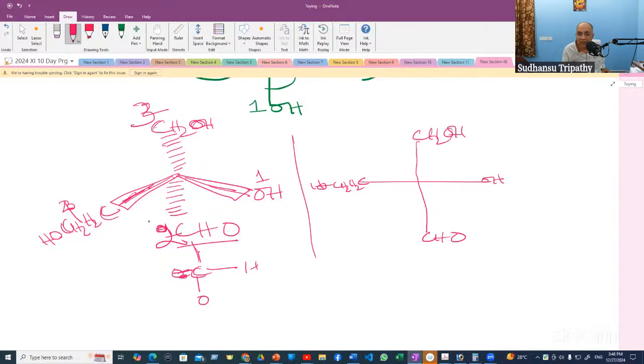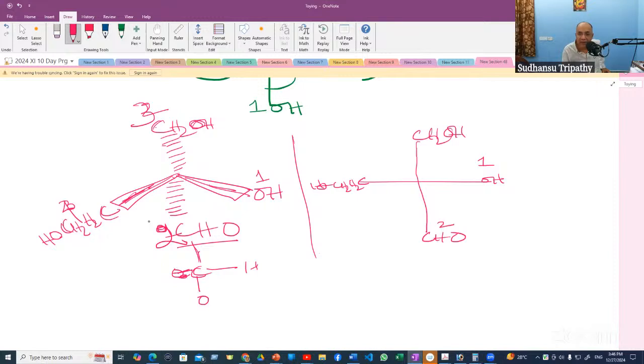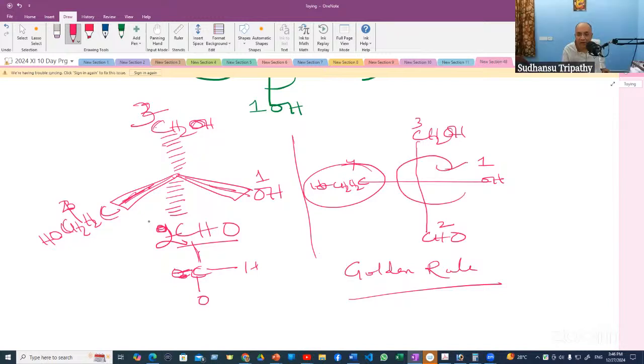It came S. All of them came S. 1, 2, 3, 4, four are here, which rule to apply? The golden rule. So 1 to 2 to 3 clockwise, clockwise means S, because we are applying the opposite rule.